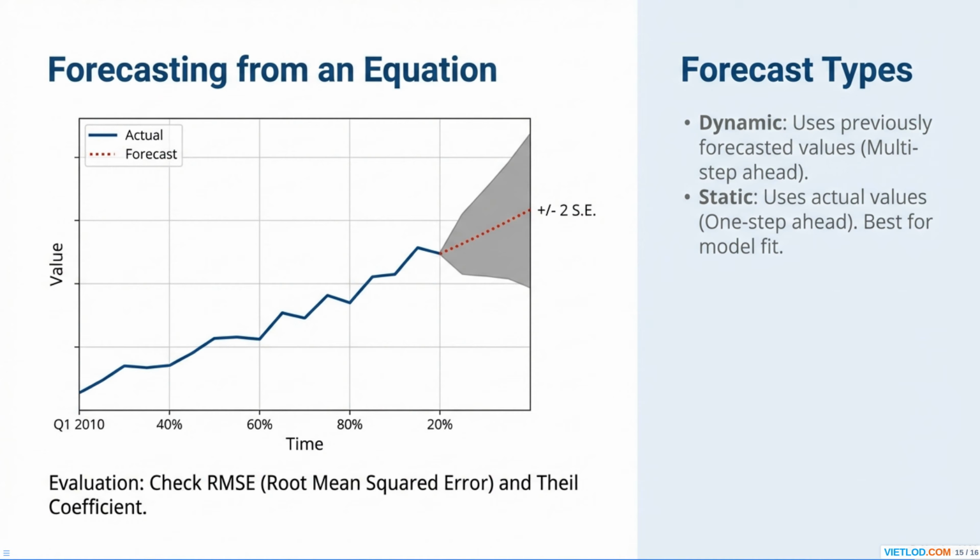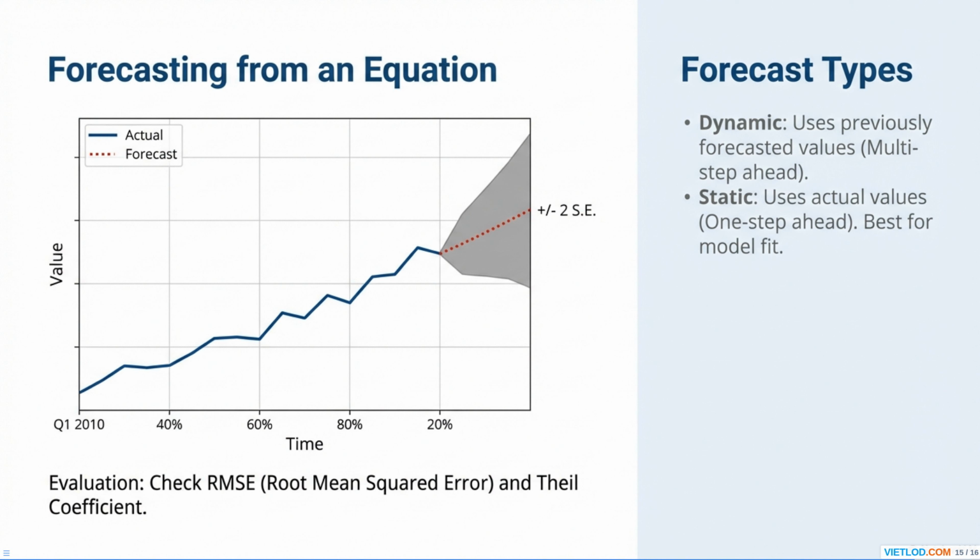Once we have estimated a robust model, its primary application often lies in forecasting future values. EViews provides two distinct approaches to forecasting. First, a dynamic forecast uses previously forecasted values as inputs to generate subsequent predictions. This method is particularly useful for multi-step ahead forecasting, allowing us to project the long-term trajectory of a variable.